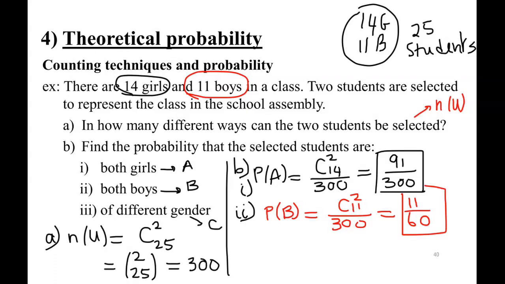And finally, of different gender, a group of 2 students of different gender means that I've chosen 1 out of 14 girls and 1 out of 11 boys.